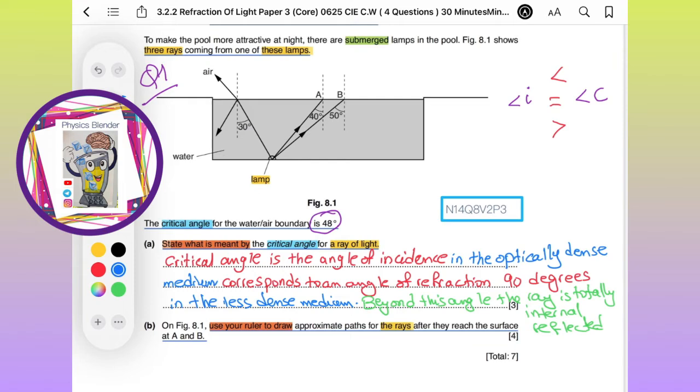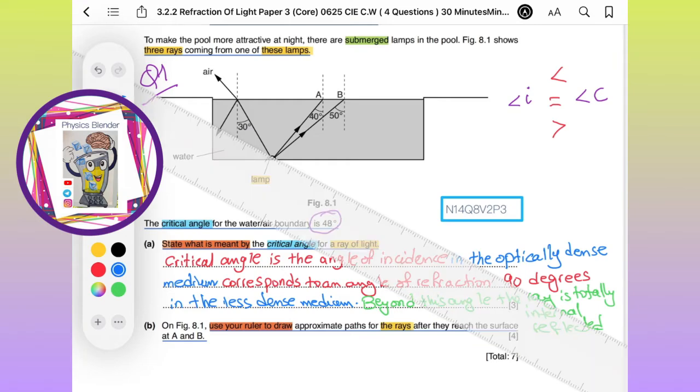Use your ruler to draw the approximate path for the rays. We will use the ruler to draw how the ray will behave. When the angle of incidence is 40, it means 40 is less than 42, sorry, 48.